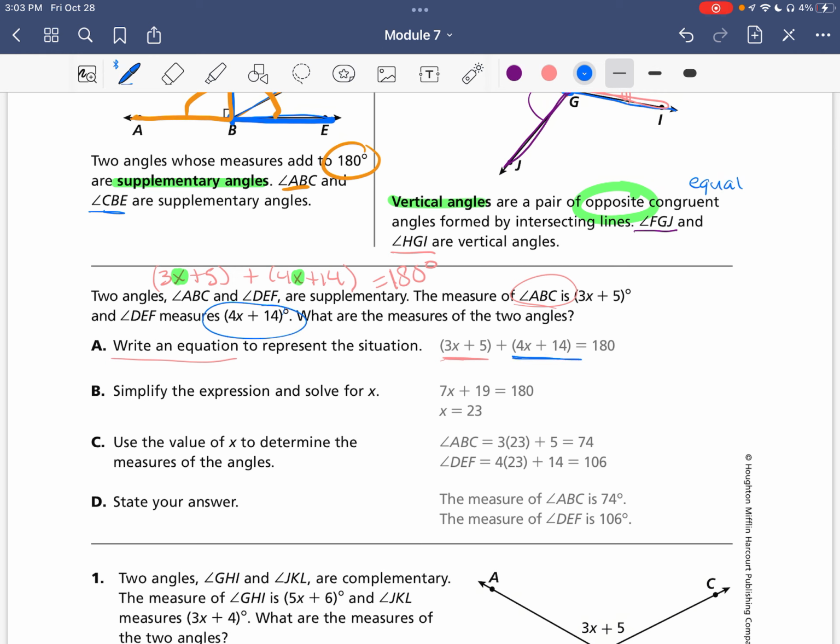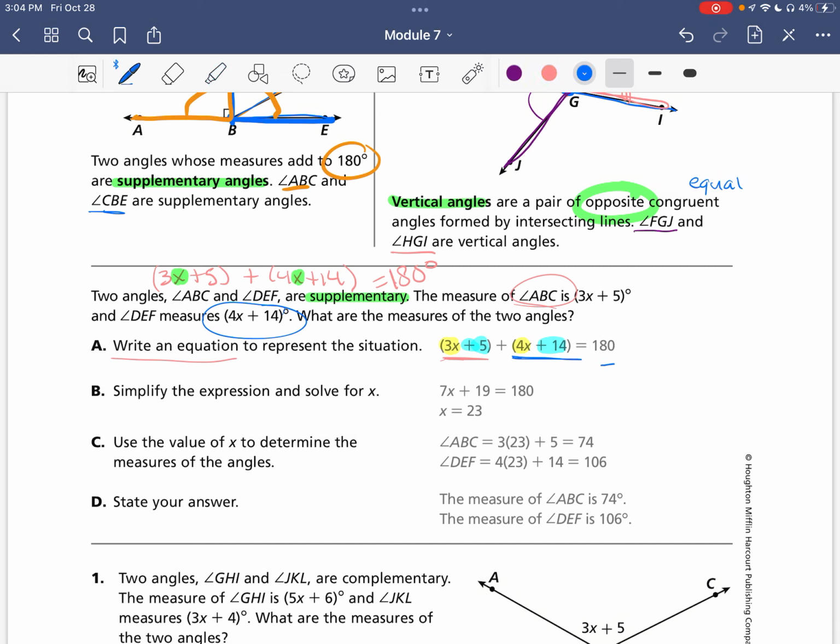We got the 180 because it told us it's supplementary. Now we solve this. We combine our like terms, our 3x and 4x, and combine our constants, plus 5 plus 14.